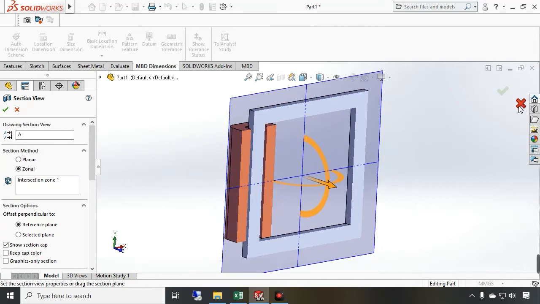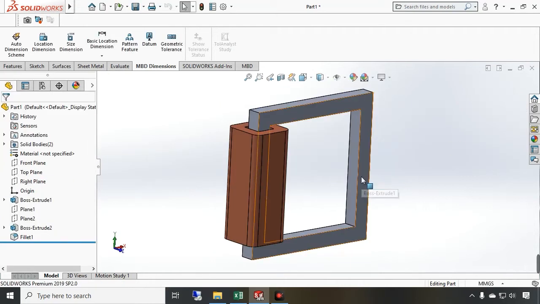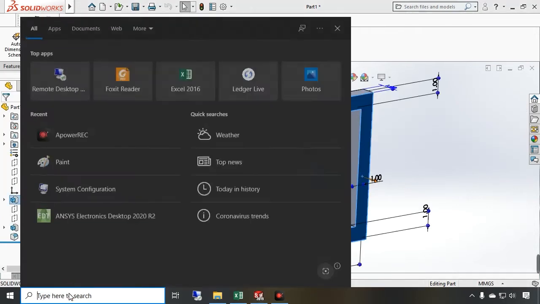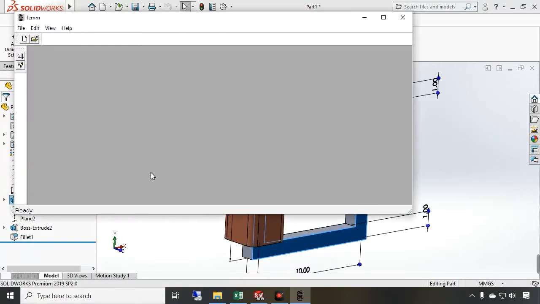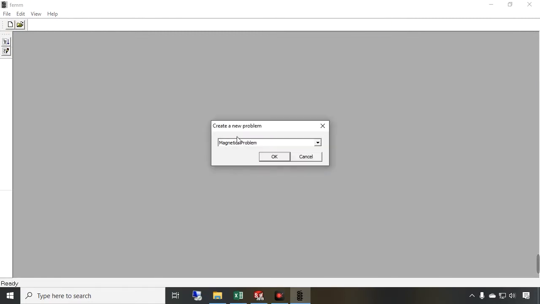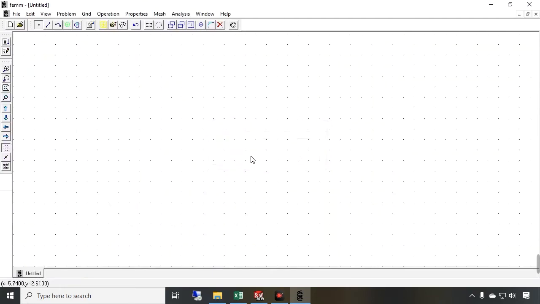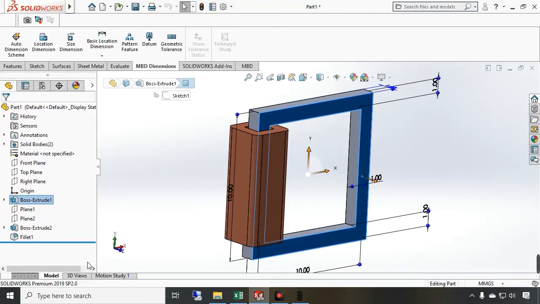So let me open the FEMM software and create a new problem that is a magnetics problem. And now we should generate the geometry.